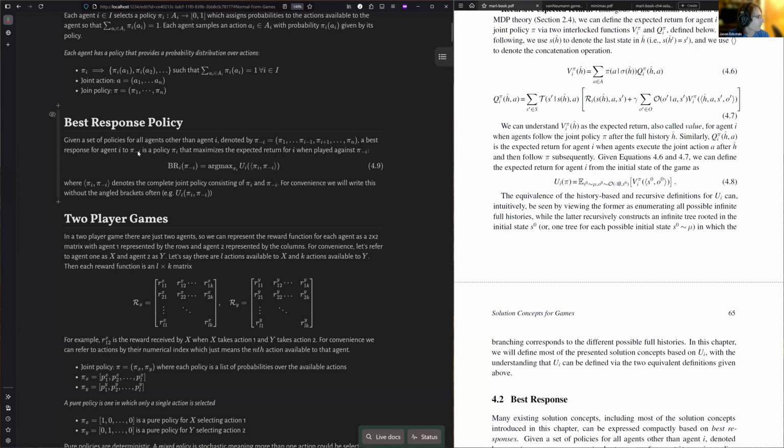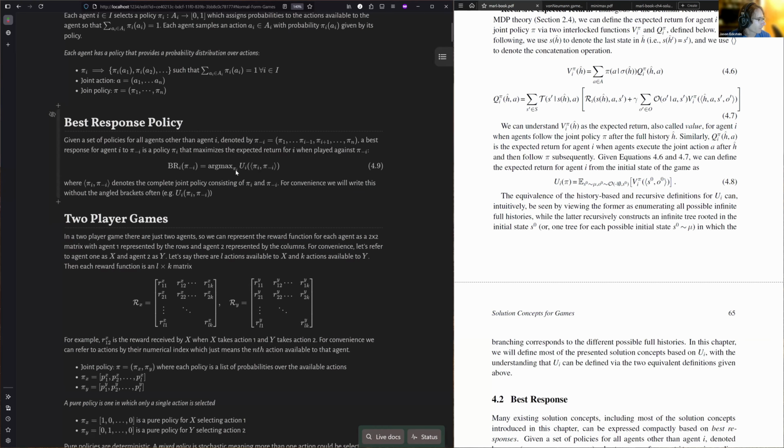Now, we can say a best response from the agent i, the one that we care about, is the one that maximizes the expected return for this agent when playing against all of the other agents. Okay, so pi i, right, is this collection of probabilities that the agent we care about can set its policy. It can assign a probability to each of the actions that it can take. So the best response would be this pi i right here.